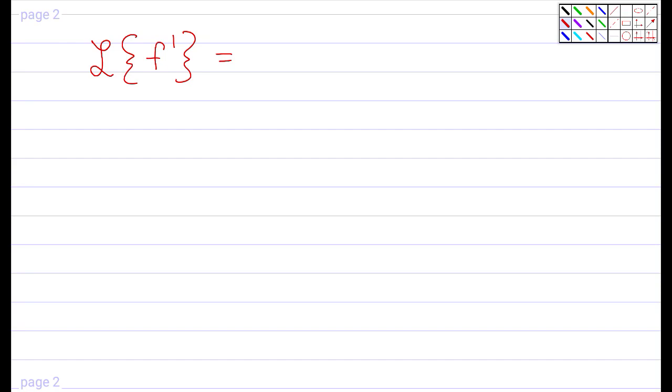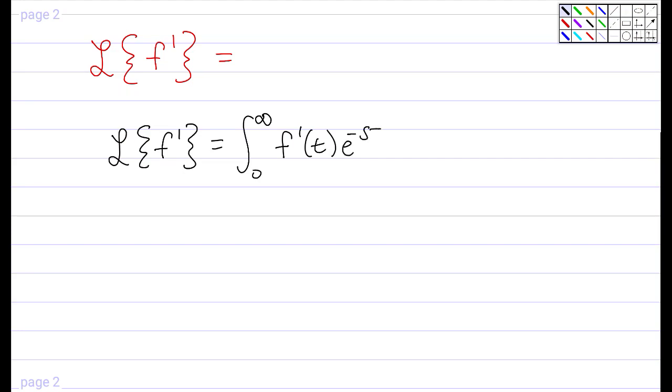Well, in order to derive this, we actually need to do it using the definition of the Laplace transform. It's the improper integral from 0 to infinity, f prime e to the minus st dt. That's the integral that we have to do in order to figure out what the Laplace transform of f prime is.